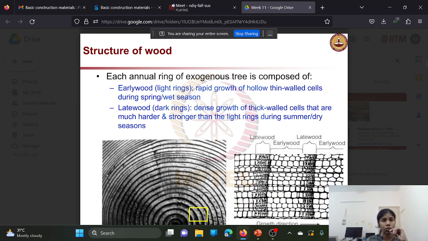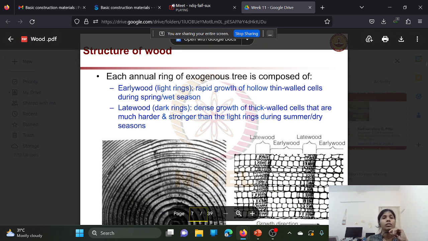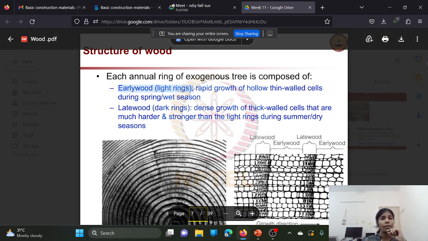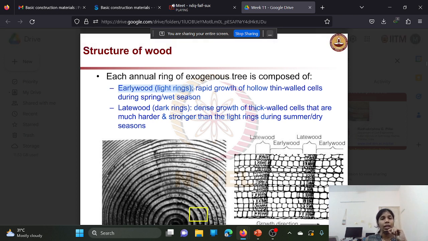When it comes to the structure of wood, each annular ring of an exogenous tree is composed of, if it is early wood, light rings will be visible. So rapid growth of hollow, thin-walled cells during spring or wet season. And late wood, dark rings will be visible.